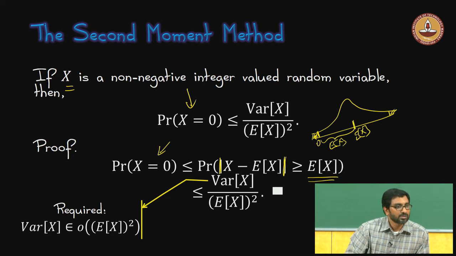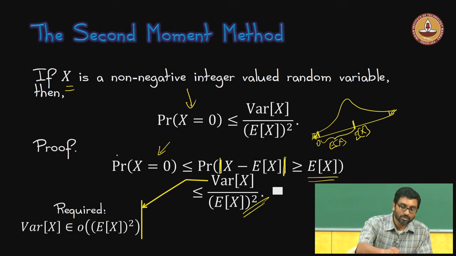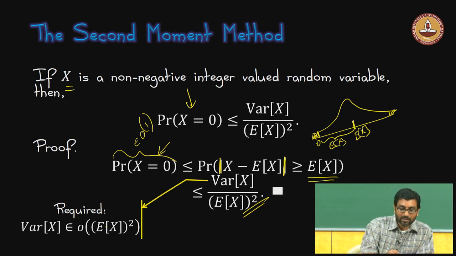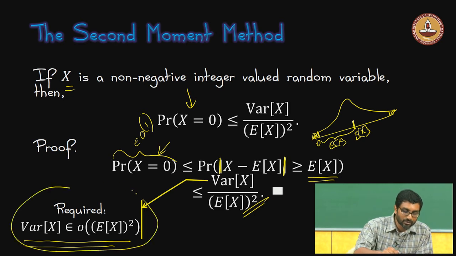And then you apply Chebyshev's inequality and you get, in our context, going back, we want to be able to say that this is little o of 1. Okay. We want to show that this is little o of 1. Basically, now what we need to show is that the variance of x is little o of expectation of x squared. So, if we show that, this whole thing will fall into place. So, this is going to be our focus from now on.